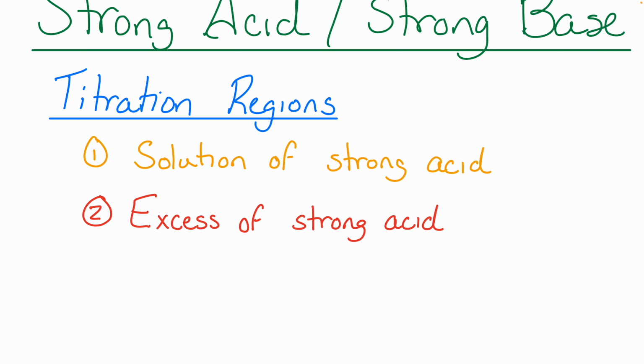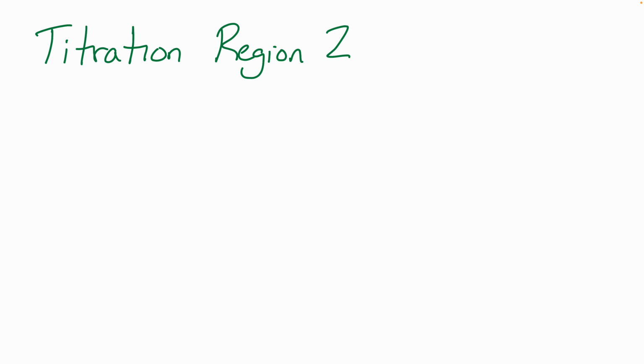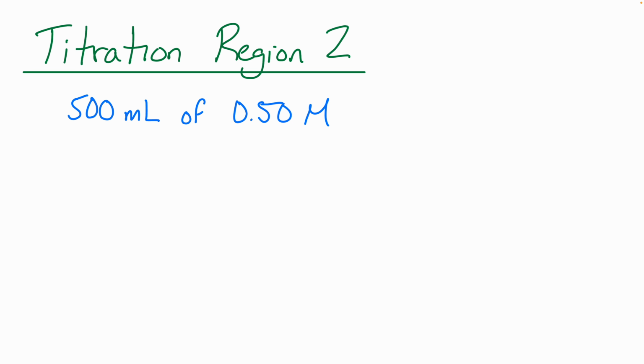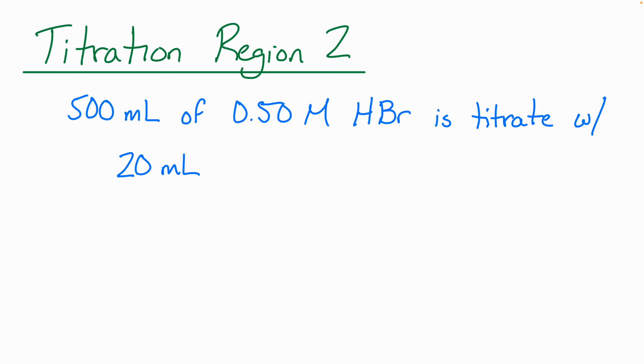Let's get an example of a problem from this region here. This is our titration region 2. We're going to take 500 milliliters of that 0.50 molar HBr solution and titrate it with 20 mLs of 5.0 molar NaOH.